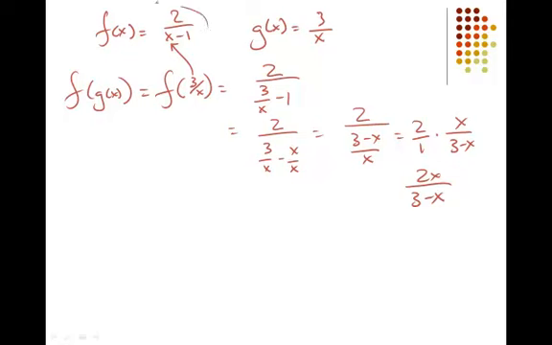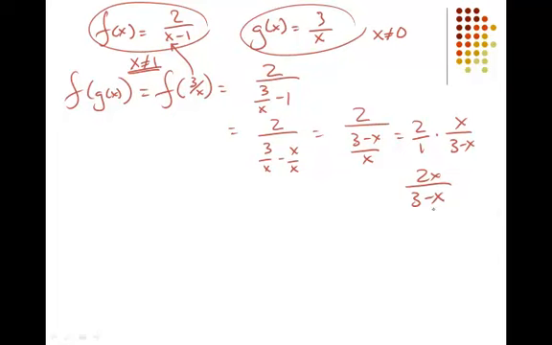The domain of this original function is all x values such that x does not equal 1. The domain of this function was x could not equal 0. Now, we have to make sure that this function also meets our restrictions.